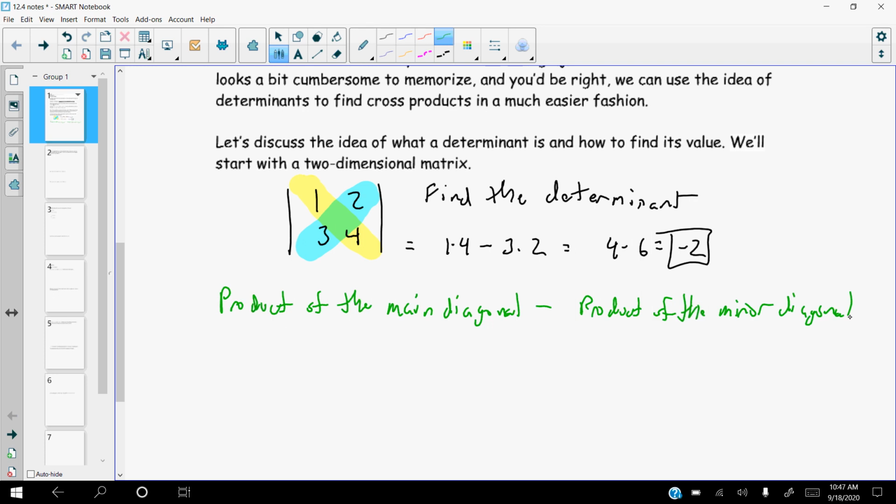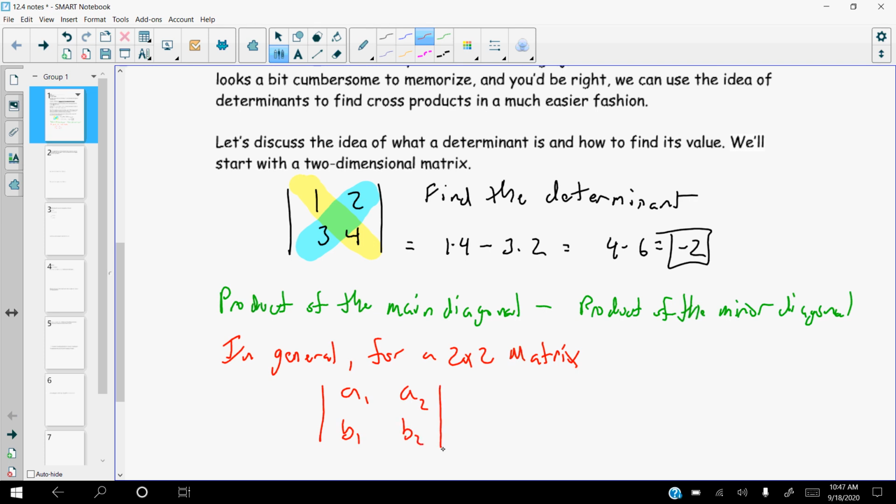So in general, we can find the determinant for a 2 by 2 matrix if this is A1, A2, B1, B2, or basically think of those as the components of two-dimensional vectors.